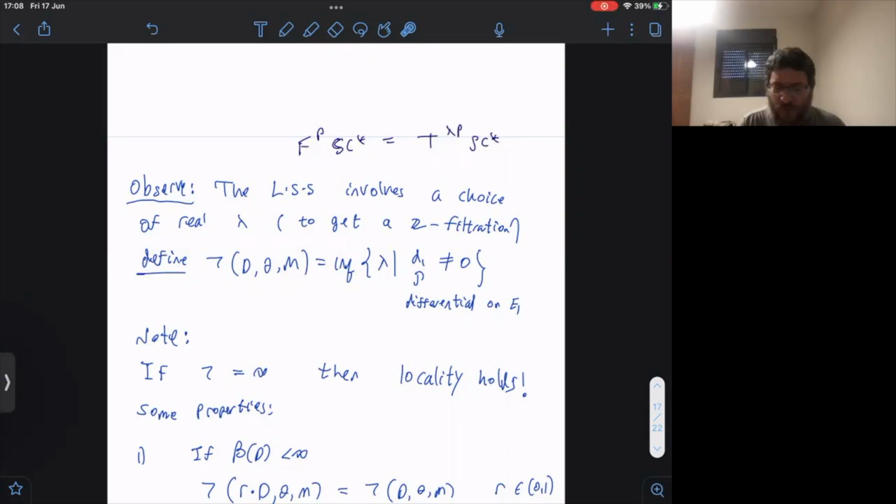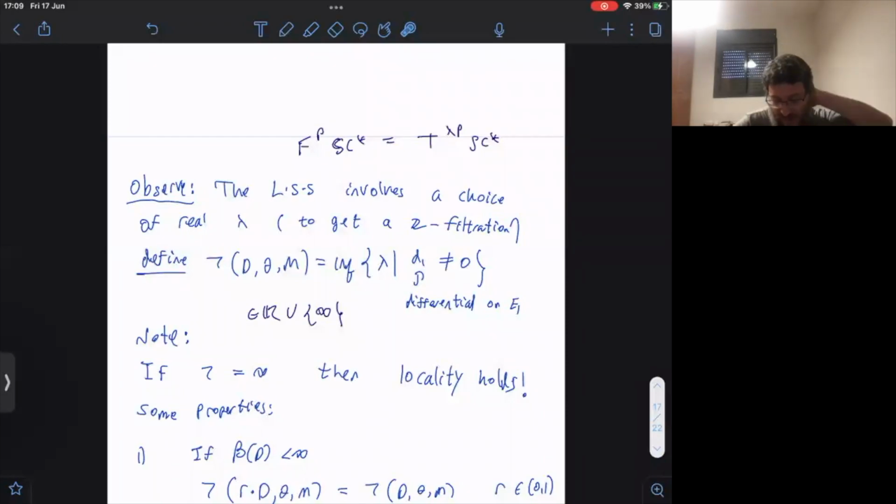It's in R union infinity. So if that number is infinite, then we know that locality holds.